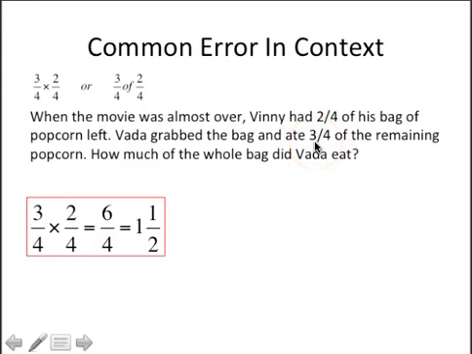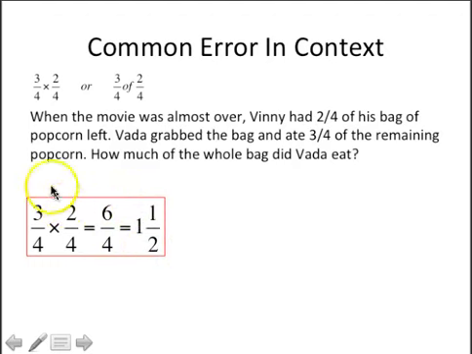We're looking for a fraction of a fraction to describe the amount of the whole bag that Veda ate. She didn't eat 1.5 bags. She ate a portion of a bag that was already half full. So this answer doesn't make sense.